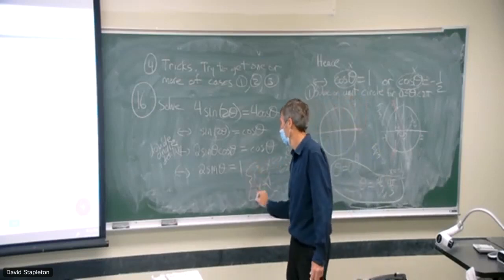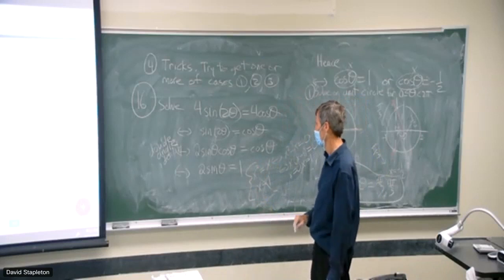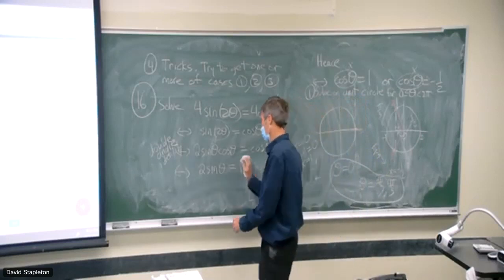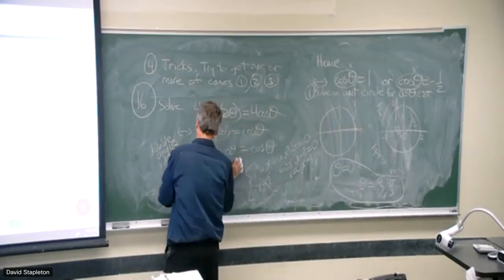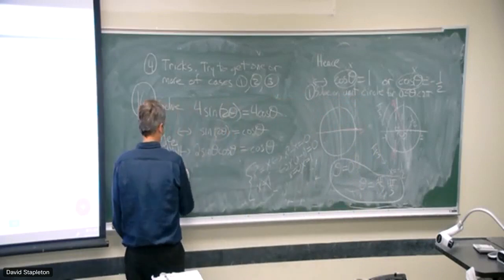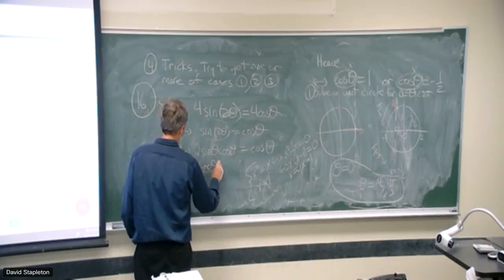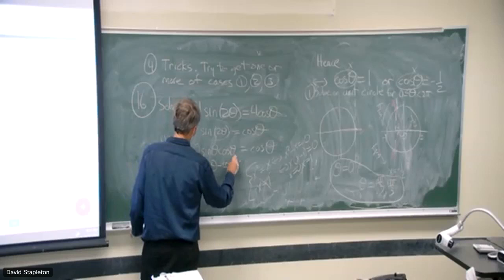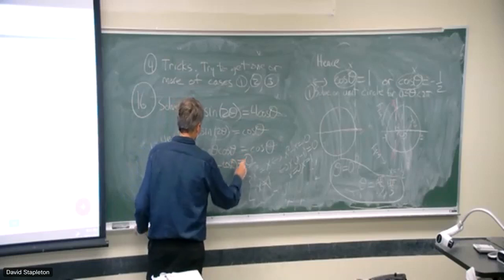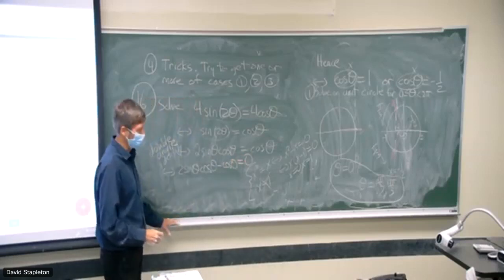So instead of doing this, I'm going to subtract cosine theta. So don't divide by cosine theta, instead subtract and factor. 2 sine theta cosine theta minus cosine theta equals 0. That's the trouble. The machine is terribly unforgiving, right?